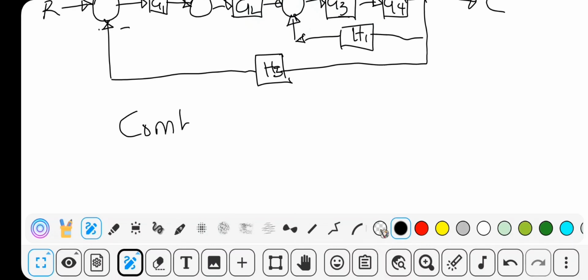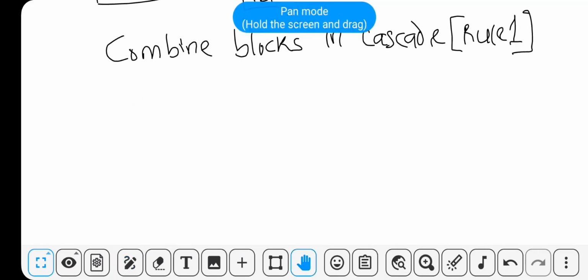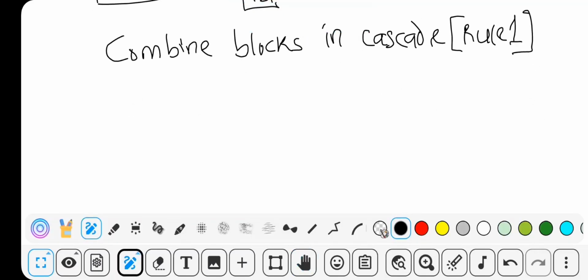Combine blocks in cascade, rule 1. So now if we do that, we are going to have this.